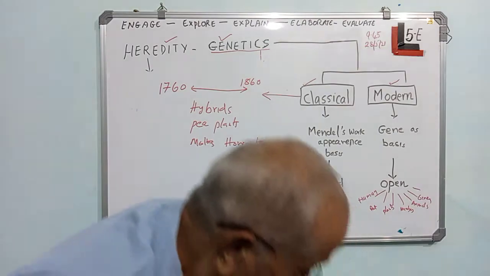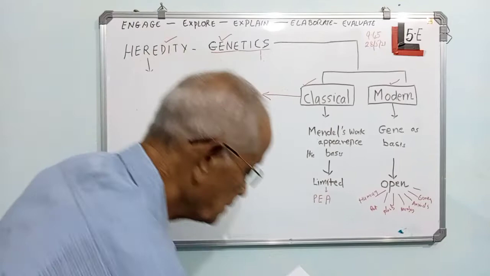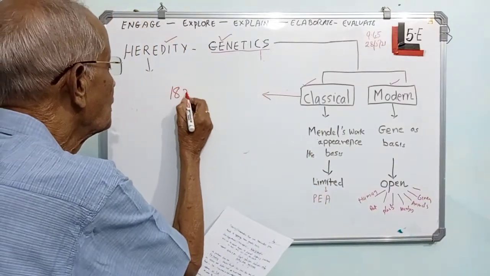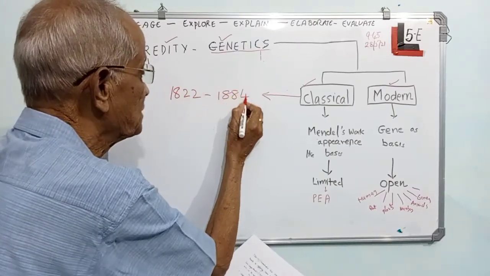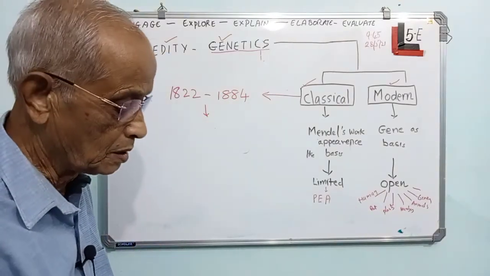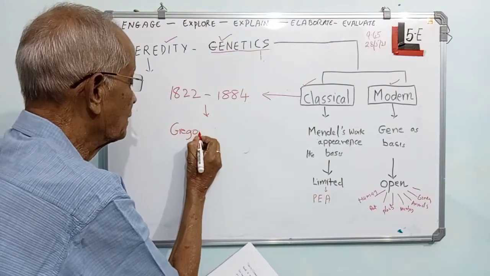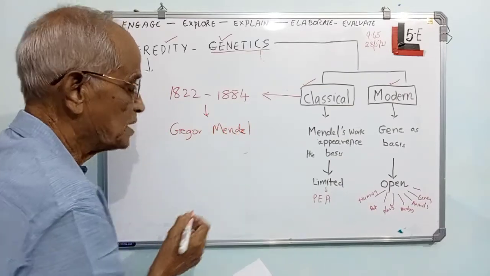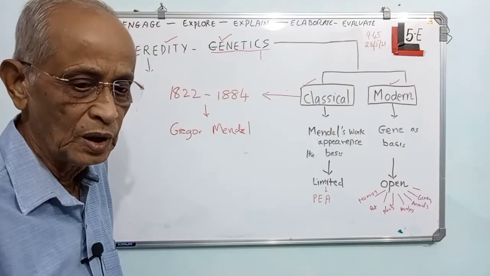However, around 1822 to 1884, this is the period when an Austrian monk called Gregor Mendel studied pea plants and also honeybees systematically.